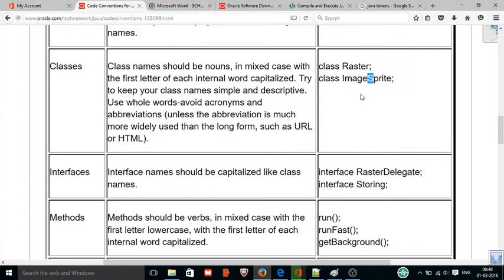If you have n number of words in the class name, the initial letter of each word must be capital. In this case, it is ImageSprite. Here two words are there, Image and Sprite. That's why the I from Image is capitalized and the S from Sprite is capitalized.